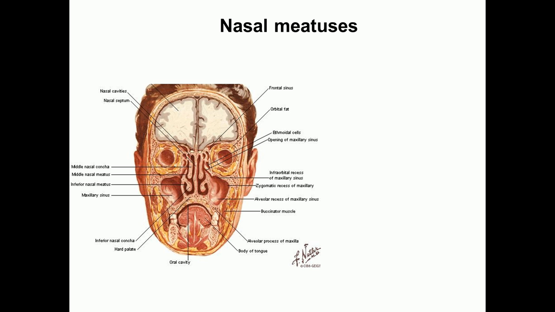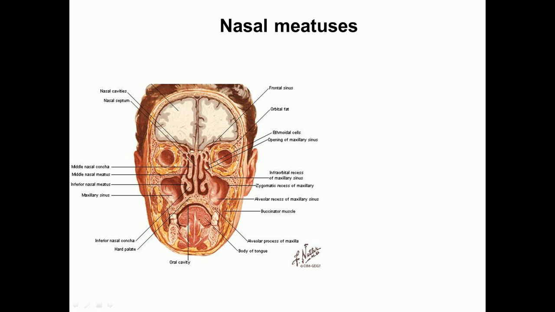It's a frontal section of the head. So we can find the orbit together with an eyeball sectioned.